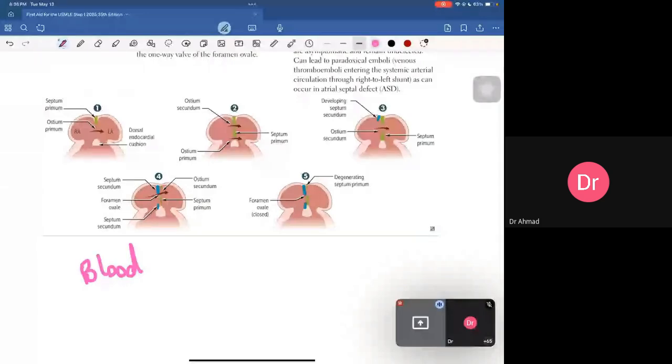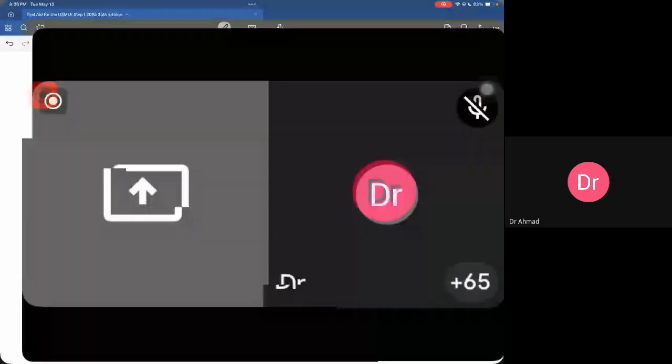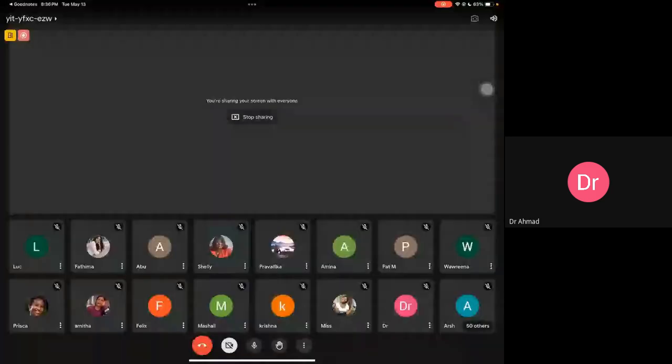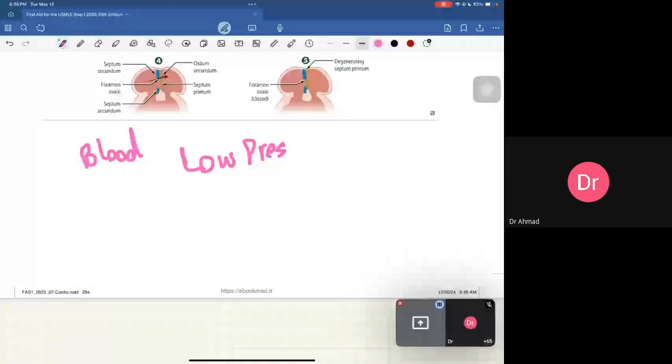Now you can think that if there is a foramen here and on the other side there is water in the lungs, which part of the body does the blood want to go to? The blood will obviously go to the foramen, because in that area there is no resistance.